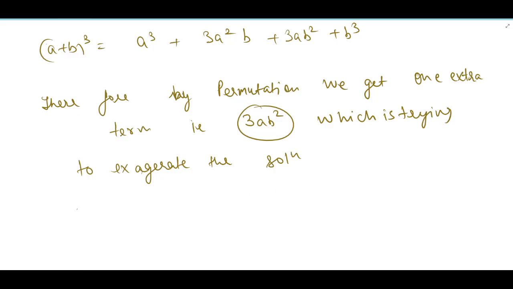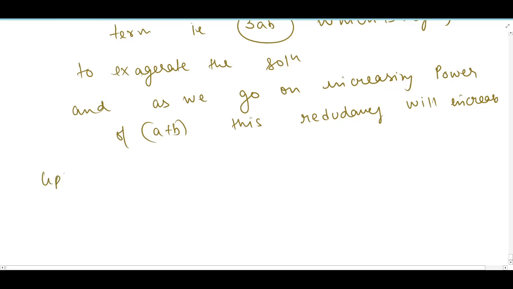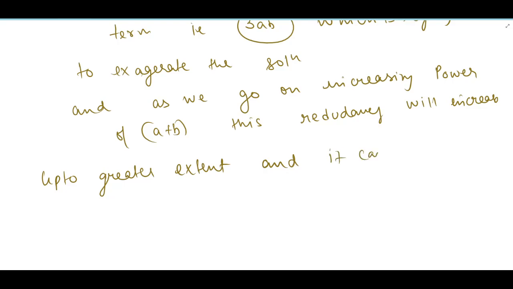And as we go on increasing the power of the index, the power of (a plus b), this redundancy will increase to a greater extent, and it will cause an error of multiple counting.